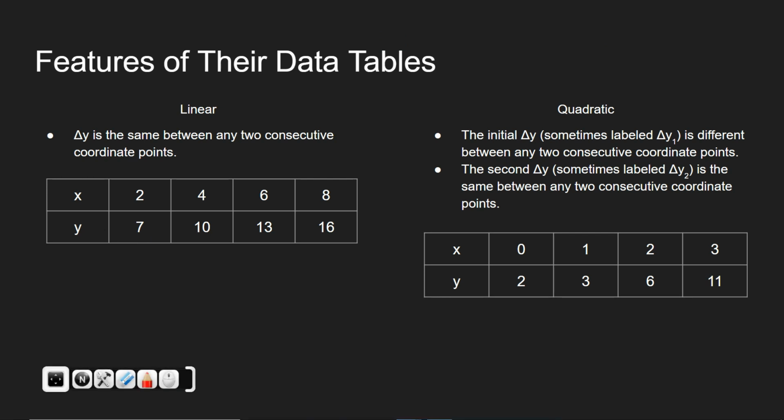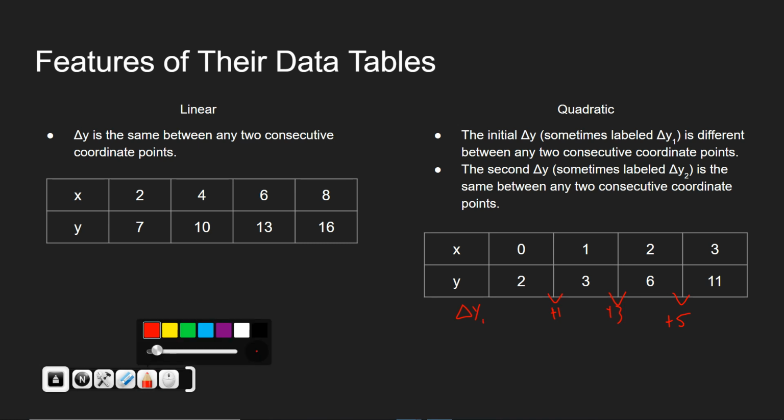So the first change in y is going to be different between any two consecutive points. So this is plus 1, plus 3, plus 5. That's our first change in y. We could say this is delta y1.